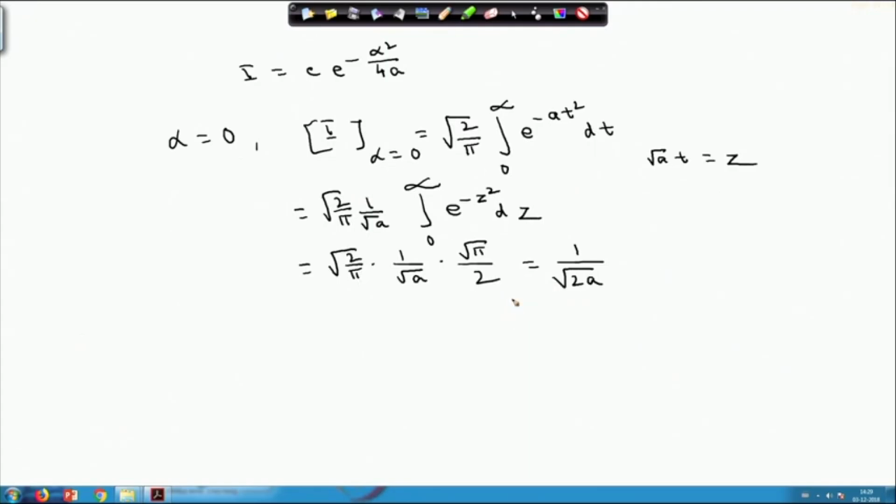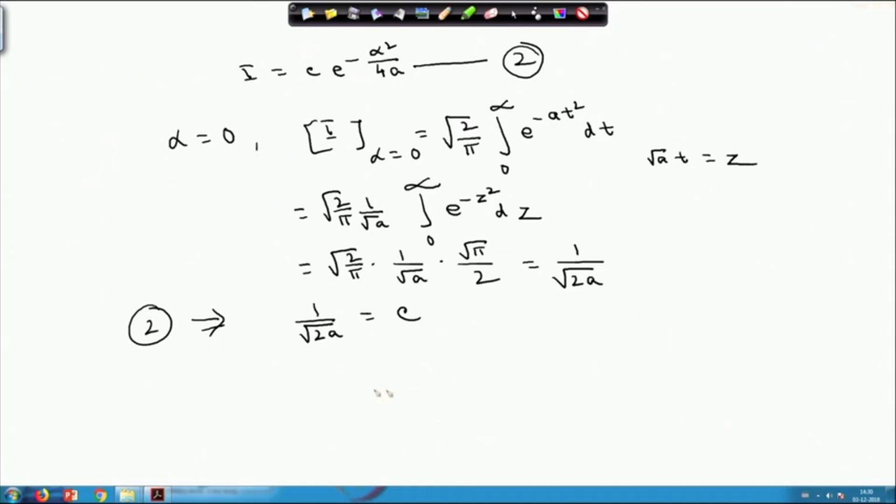So, from this given equation 2, I can tell that 1 by root over twice a equals c, because at alpha equals 0, I is 1 by root over 2a, and when alpha is 0, the e power term is vanishing.